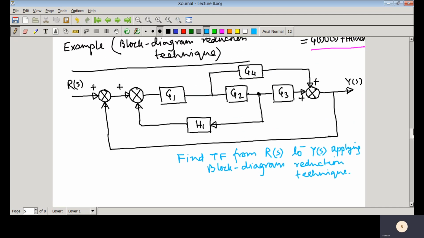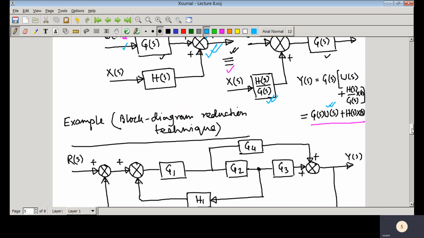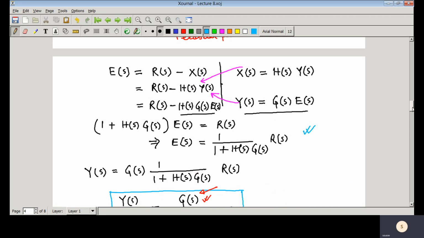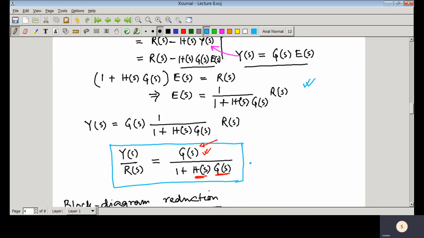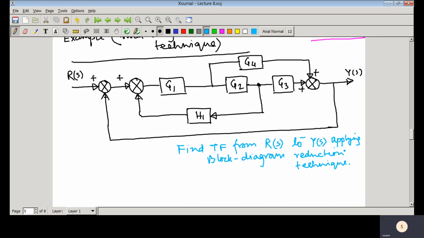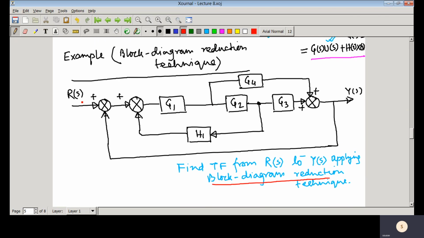The other technique is what you have done in the previous example, where you just simplify all the algebraic equations involved in the block diagram and find the transfer function. But here we'll be applying the block diagram reduction technique to solve this particular problem. So we need to find the transfer function from Rs to Ys. Okay, so we'll be showing all the steps.